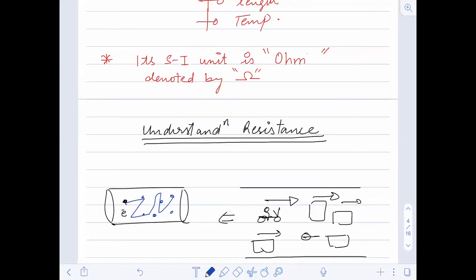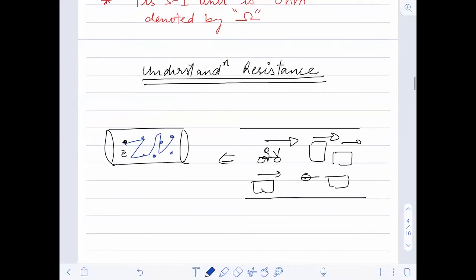When this electron is moving in a forward direction or in any random path, it will have this collision. Correct? So this collision, this opposition to the motion of the electron, is called resistance. Understood this thing?